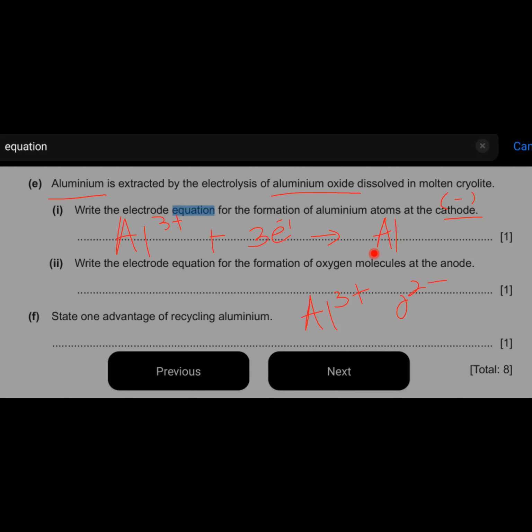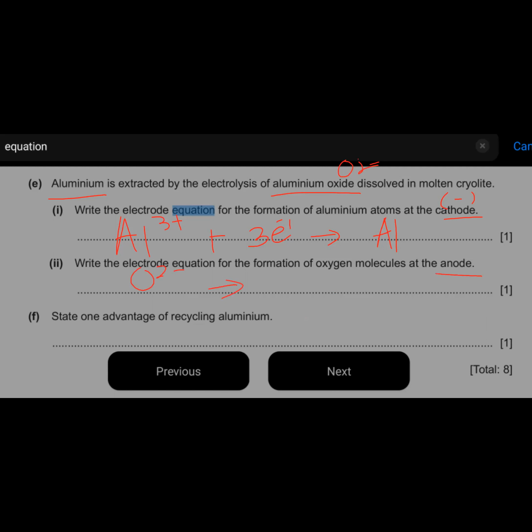That's it, right? And they ask for the oxygen formation as well. So that's the second ion. We have oxide here, that means we have the O2 minus ion. O2 minus we can start with and write the equation for that also. O2 minus becomes what? At the anode.